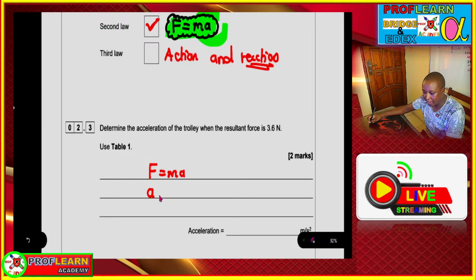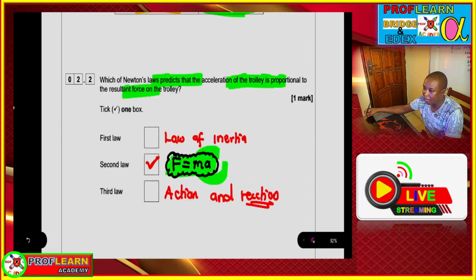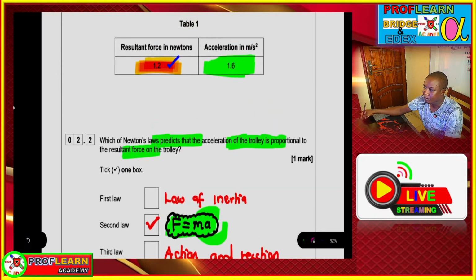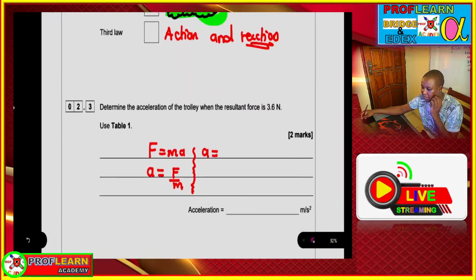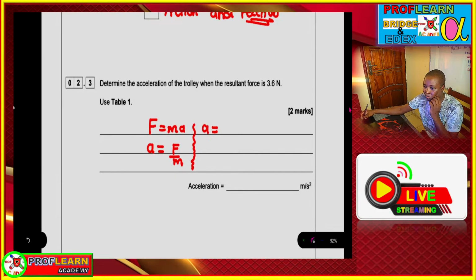If we want to find acceleration, then acceleration is force over mass, so we substitute what we have here, since we are given the force as 1.2. What are we asked? Determine the acceleration of the trolley when the resultant force is this.